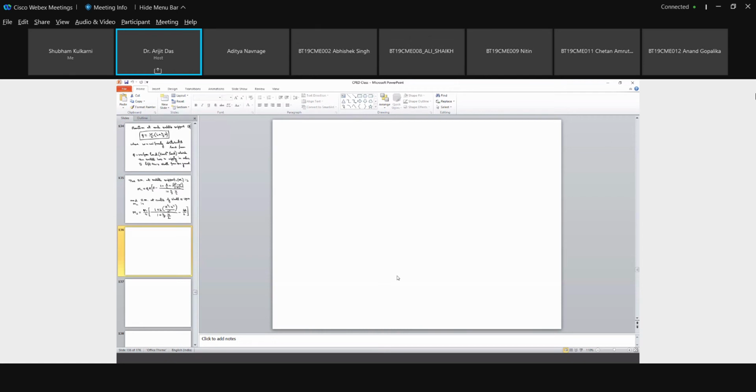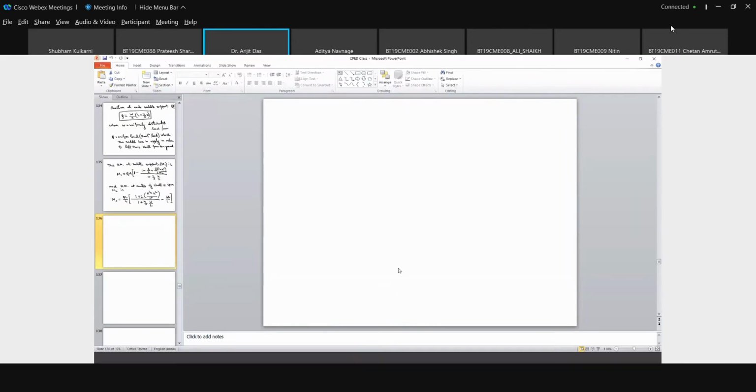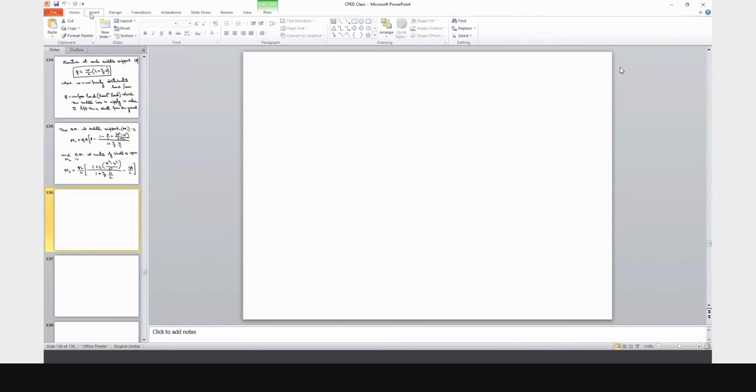Yes, sir. So last time in the saddle support, we know the expression for the bending moment. Now how to calculate the bending stresses.